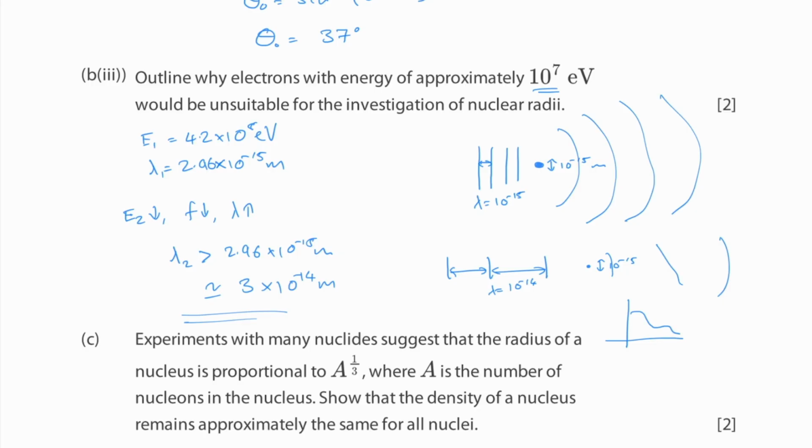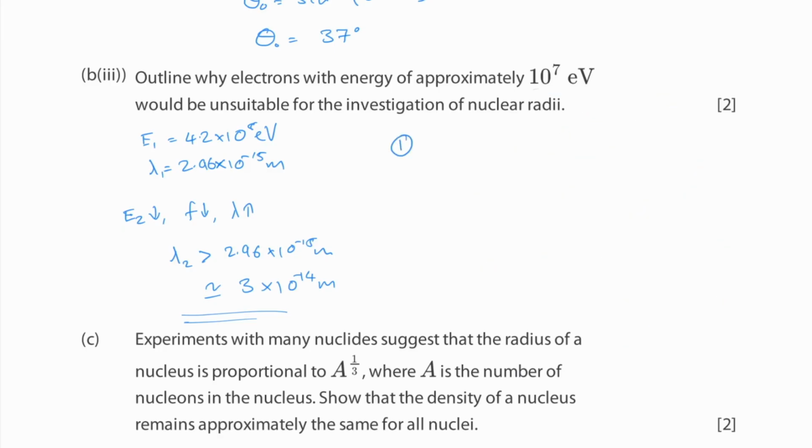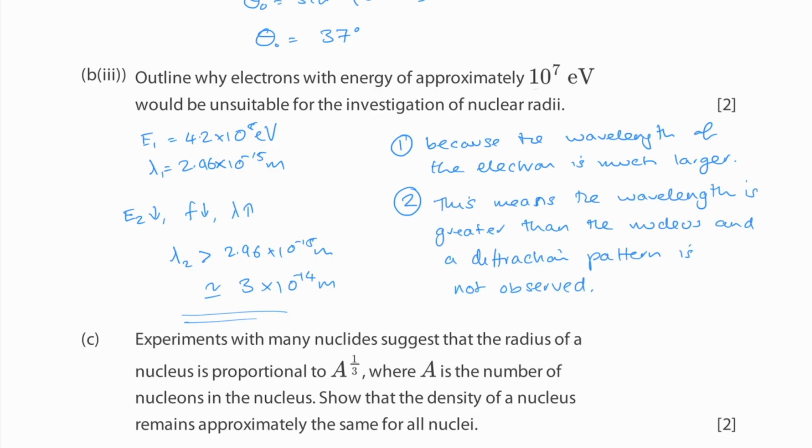So the reason why electrons with energy of approximately 10 to 7 electron volts would be unsuitable for the investigation of nuclear radii is, 1, because the wavelength of the electron is much larger. This means the wavelength is greater than the nucleus and a diffraction pattern is not observed.